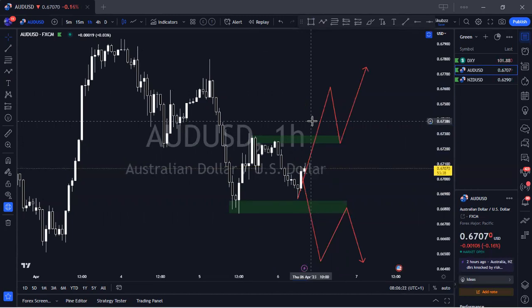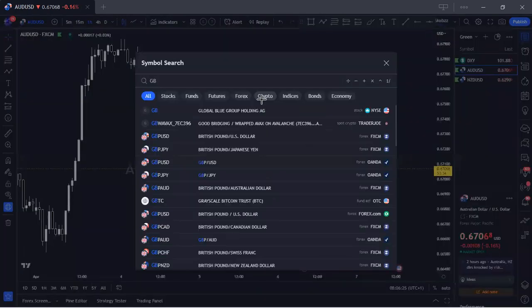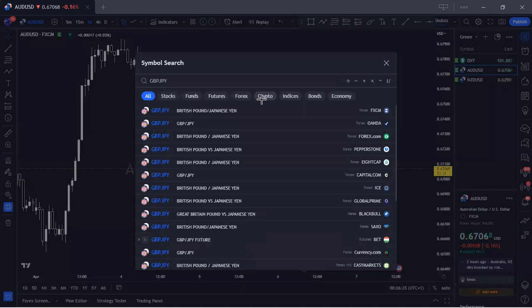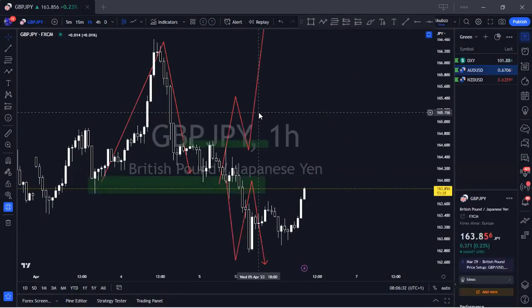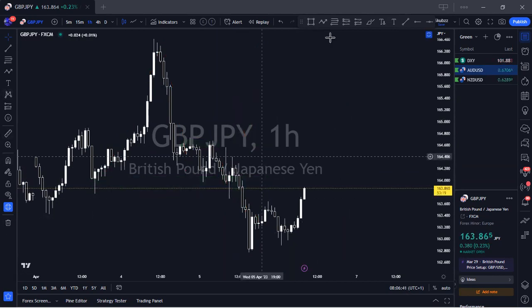GBPJPY. Okay, what was our analysis yesterday on GBPJPY? We're looking for a break and a retest. So now let's analyze this properly.